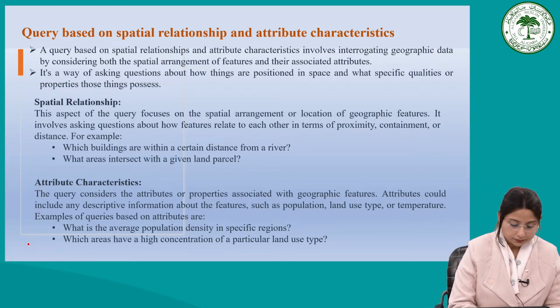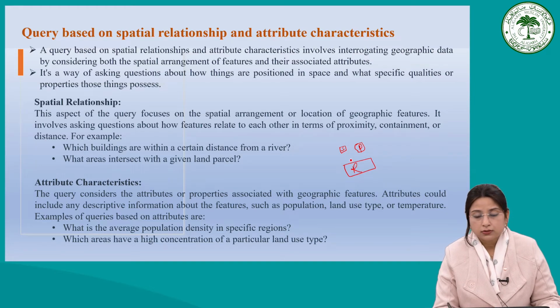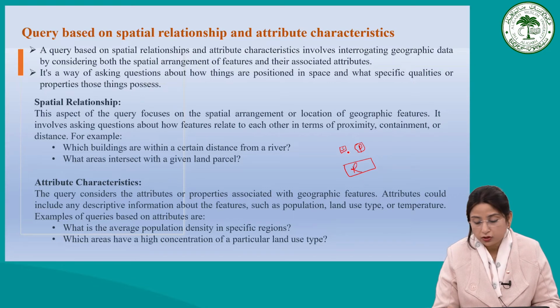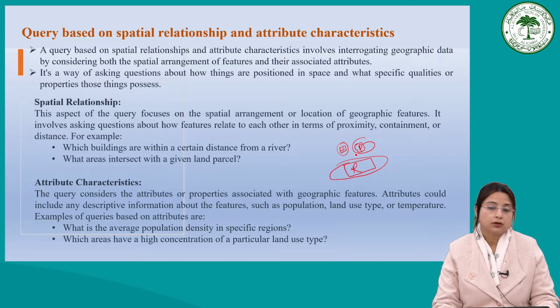For example, suppose we take the spatial arrangement of the features. Here this is a school, here this is a park, and here this is the residential colony. So we are integrating the spatial arrangement of the features: this is a school, this is a park, and this is the residential colony.